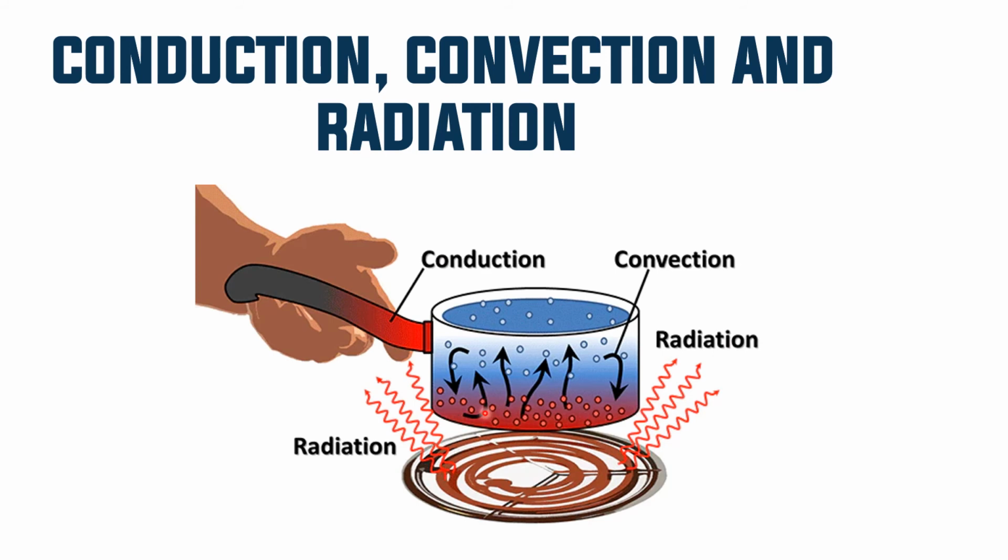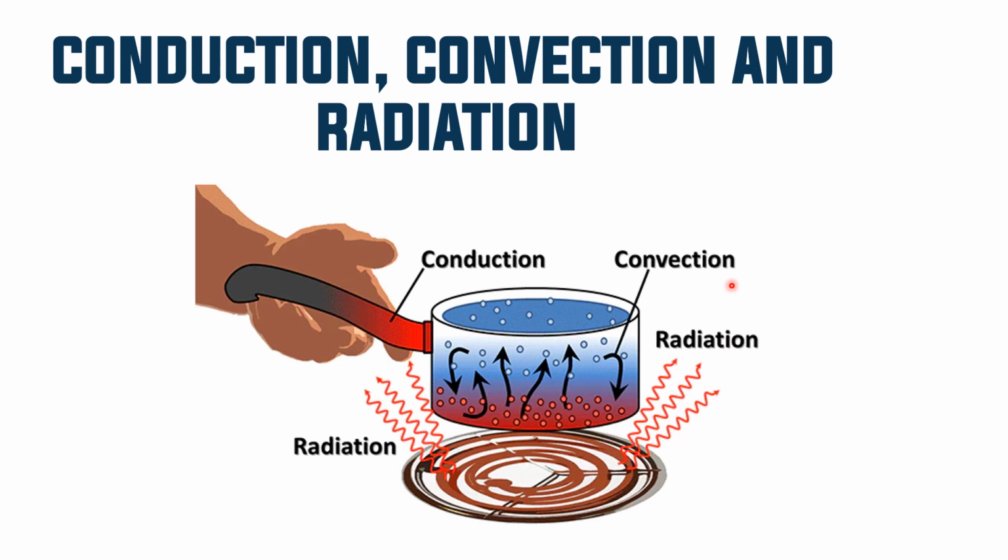When these particles get the heat, they move upward, and the cooler particles from the upper part come down. So it forms a cycle like this. The hot particles move up and the cold particles come down. This kind of transfer of heat is called convection.